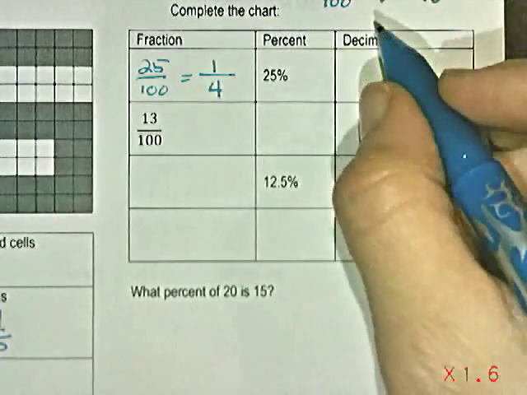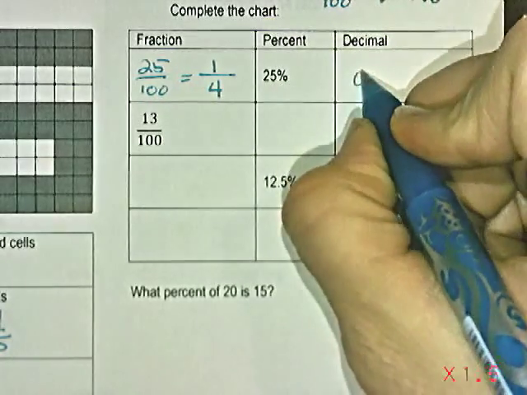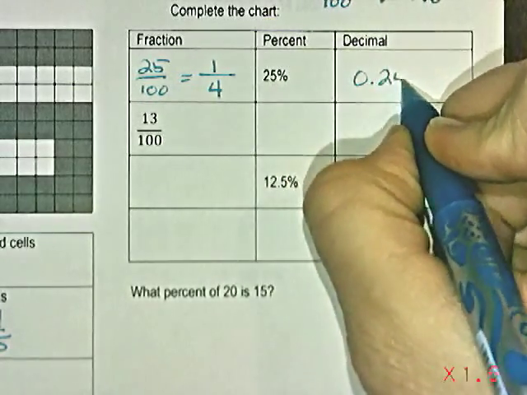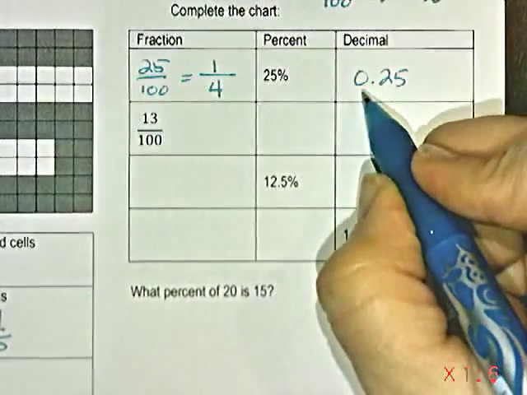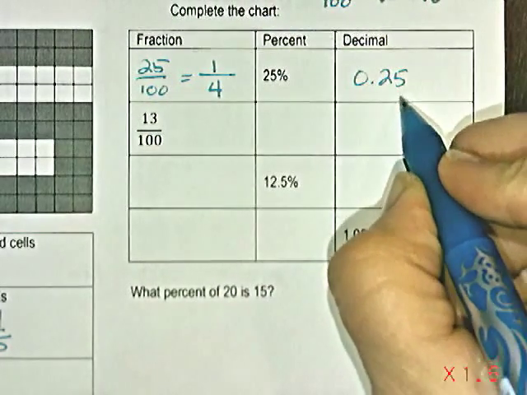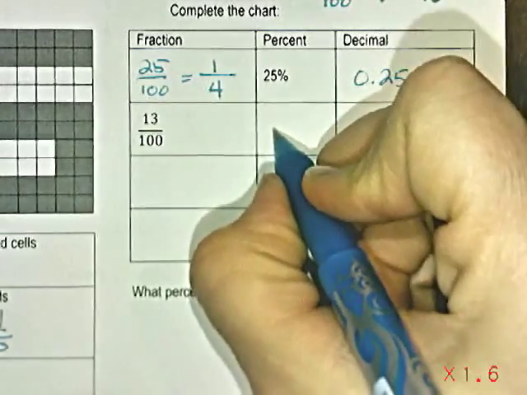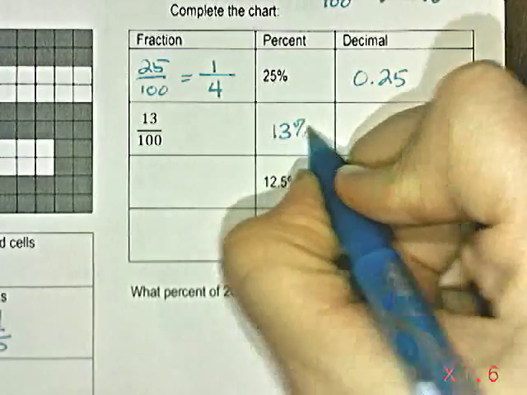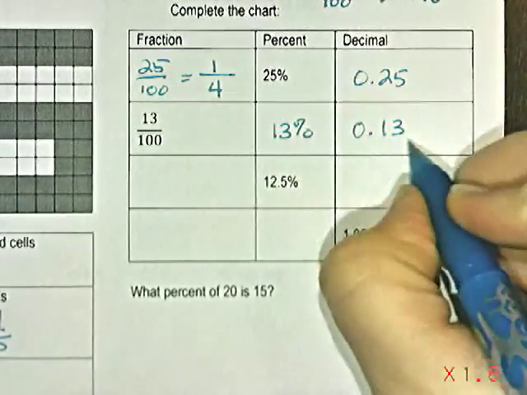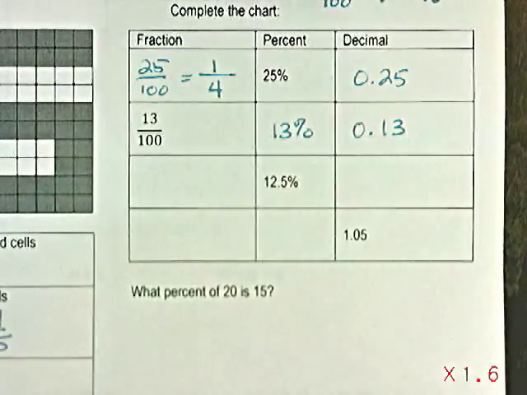And dividing by 100 would get me my decimal. 25 parts out of 100 is 0.25 with my 5 in the hundredths column. 13 parts out of 100 would be 13% and 0.13 with the 3 in my hundredths column.